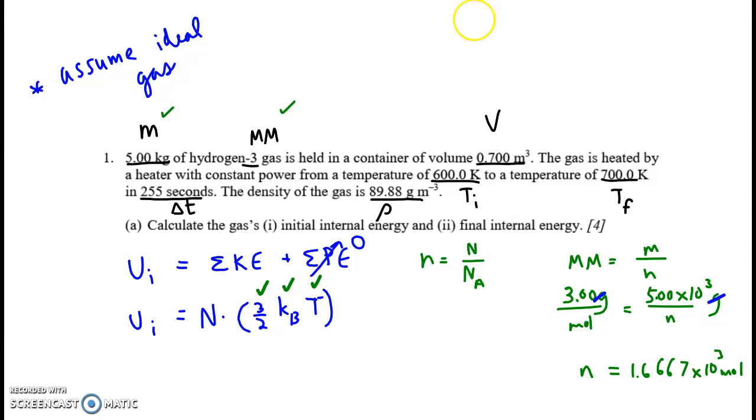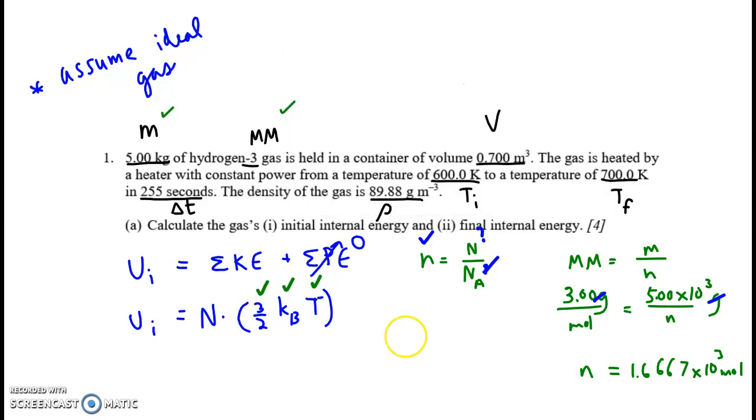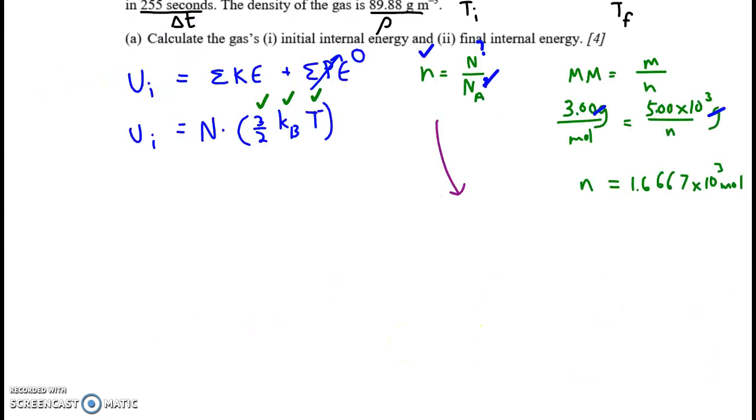Now that I know n, the number of moles, and I know N_A, Avogadro's number, I can find big N, the number of molecules, or particles. So I plug in my 1.666 repeating 7 times 10 to the 3.